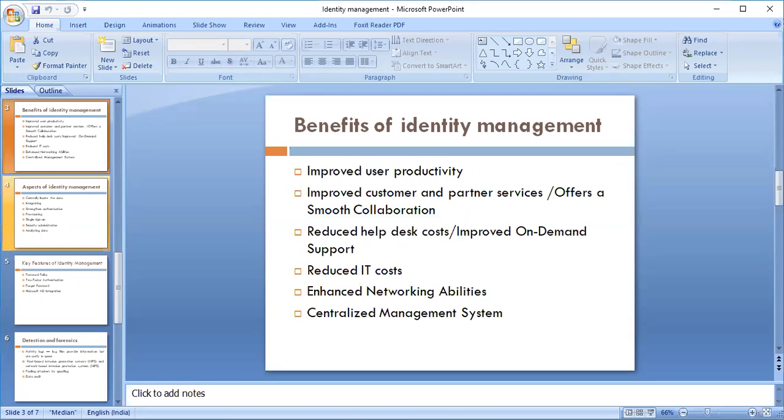Then we have reduced help desk cost, or improved on demand support. When we have implemented identity management, the organization is protected with cloud based solutions, which means we have experts providing 24/7 support, and they are monitoring whenever it is required.